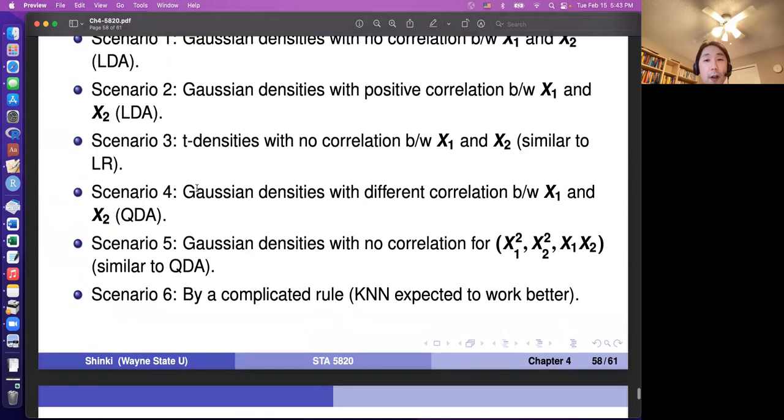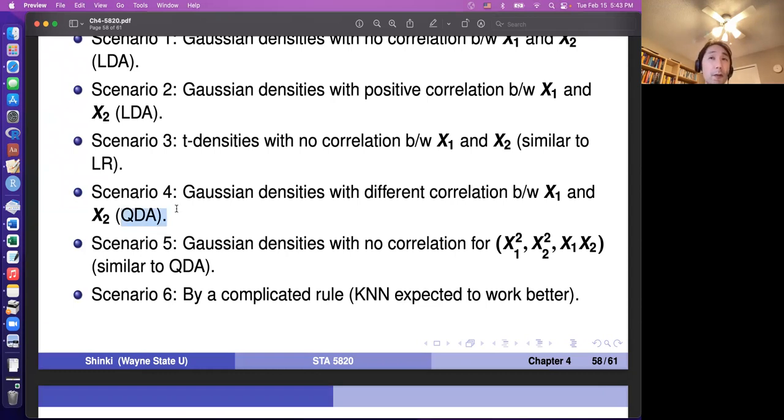And scenario 4, the Gaussian densities with different correlation between x1 and x2. Last time we studied that if we assume two Gaussian distributions with different covariance matrices, then the boundary becomes quadratic, because the quadratic terms do not cancel when we do some algebra. So this is based on the QDA assumption.